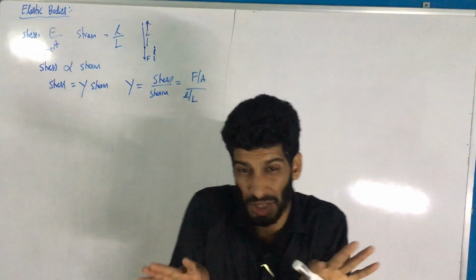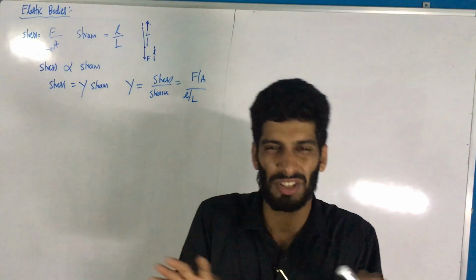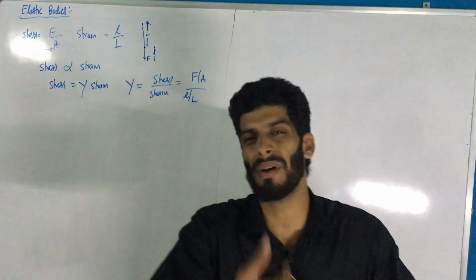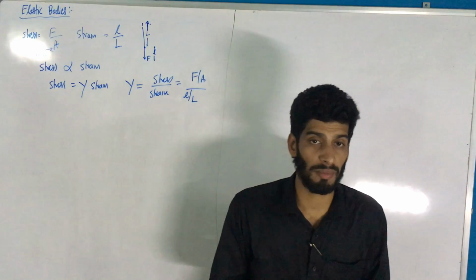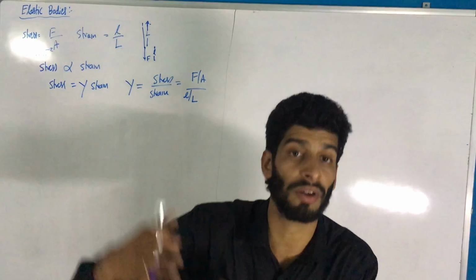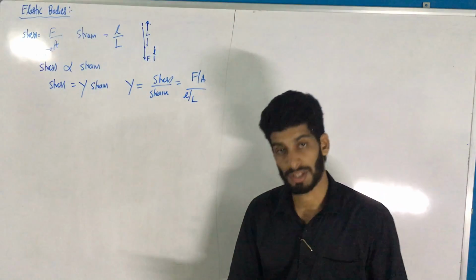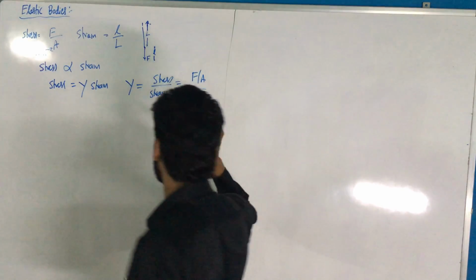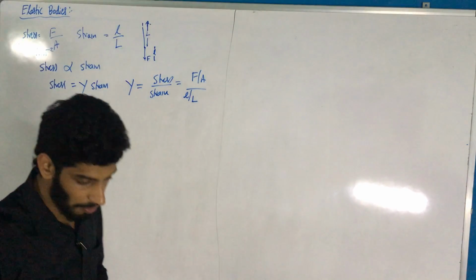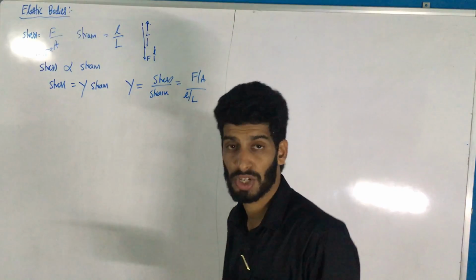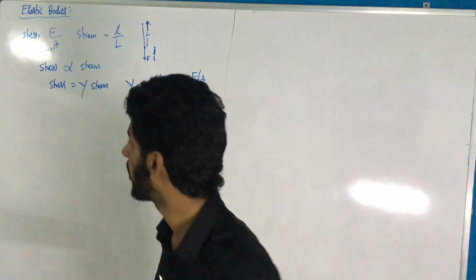If I compare the Young's modulus values for rubber and steel, the value for steel is much greater than for the rubber band, because there is more extension for the rubber band than for steel. So all depends on the amount of strain and stress you apply. Young's modulus depends mainly on the nature of the material.